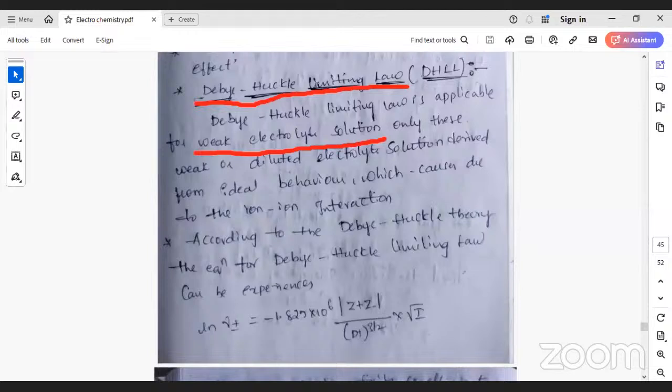Therefore, the Debye-Huckel limiting law is applicable for weak electrolytes only, in the case of weak or dilute electrolyte solutions, which deviate from ideal behavior.